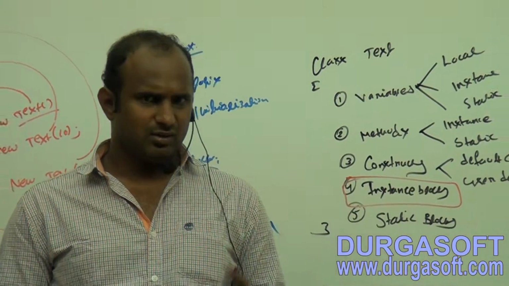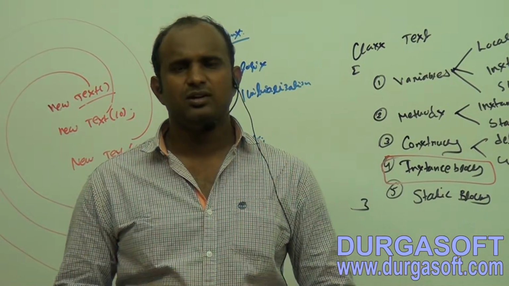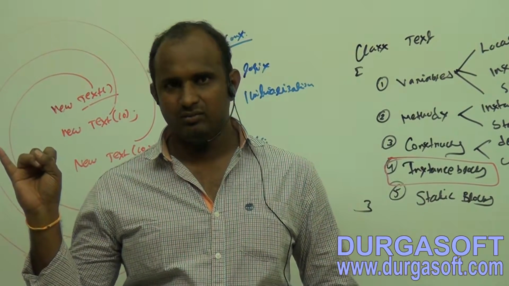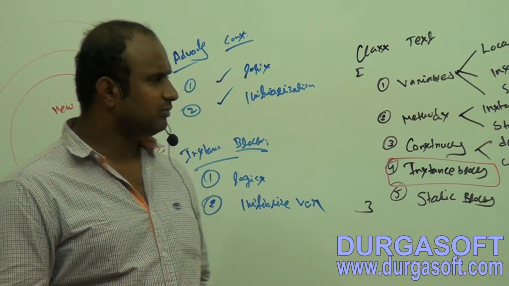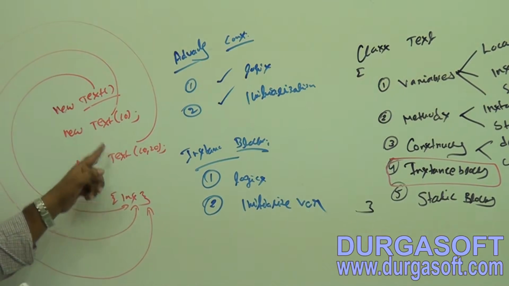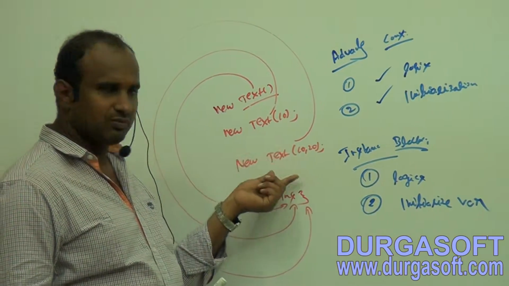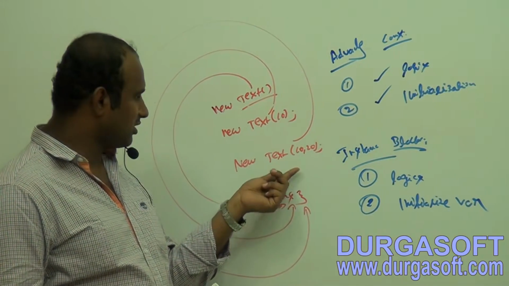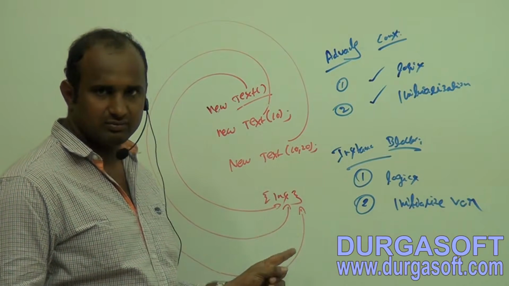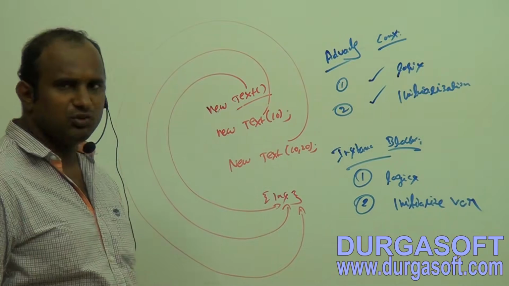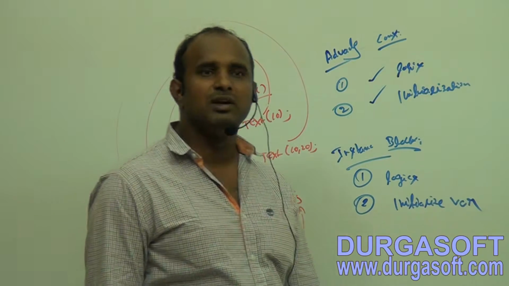We discussed a number of examples regarding instance blocks. Instance blocks are executed during object creation before constructor execution. Constructor logic is specific to each object, while instance blocks are common for all objects. Inside the class it is possible to declare a single instance block or multiple instance blocks.